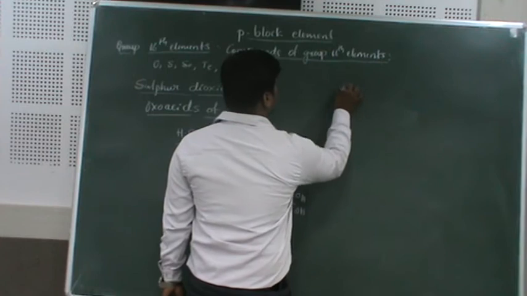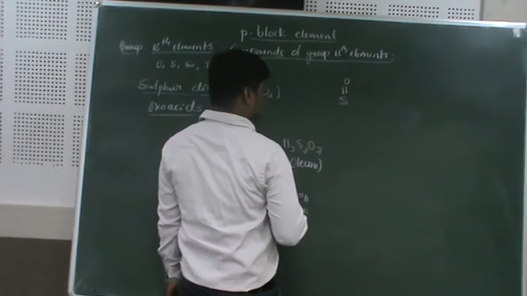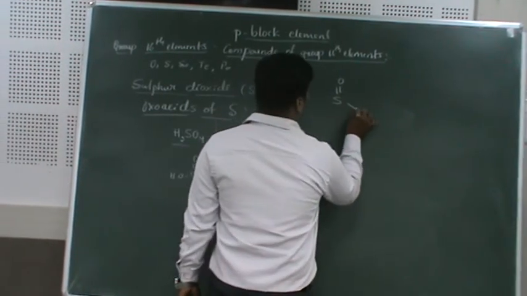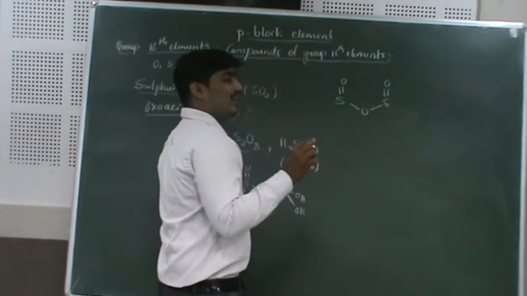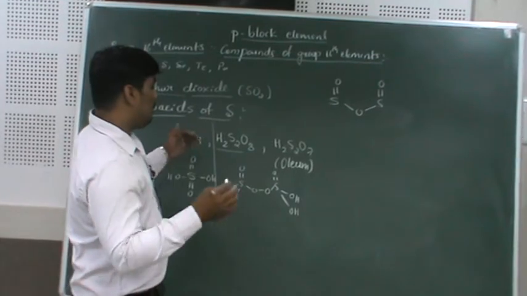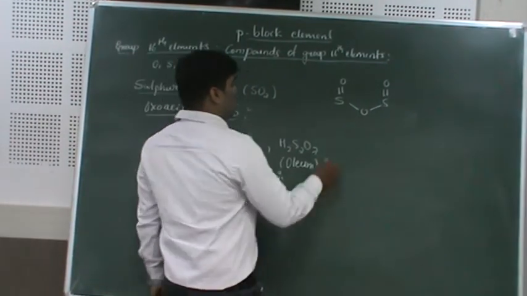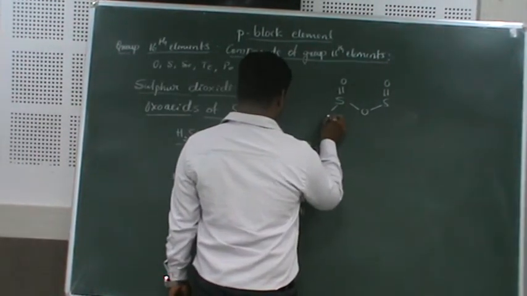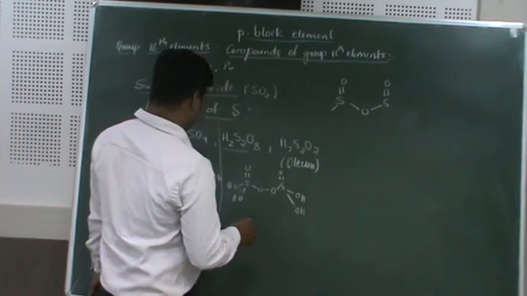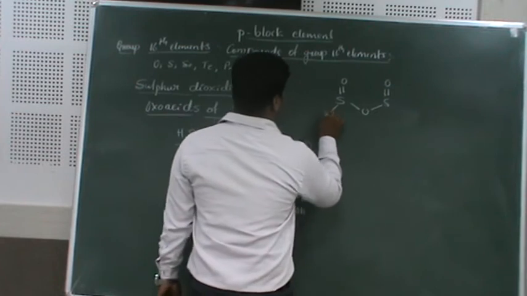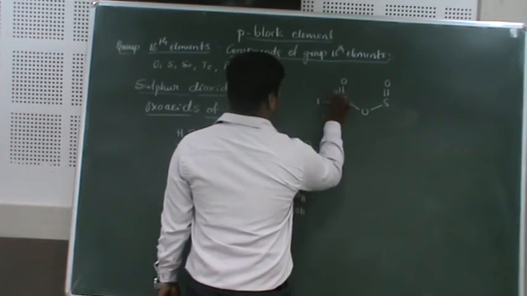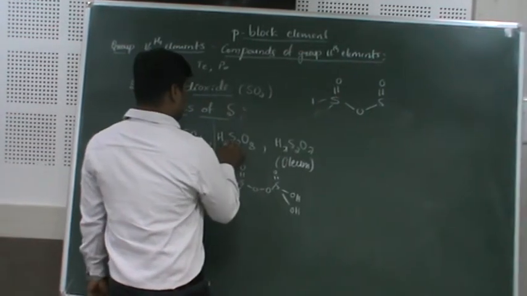And the structure of oleum. The structure of oleum is S double bond O. Here S double bond O. Two sulfuric acids make a bridge. Here I made a small mistake. Sorry, here it is H2.